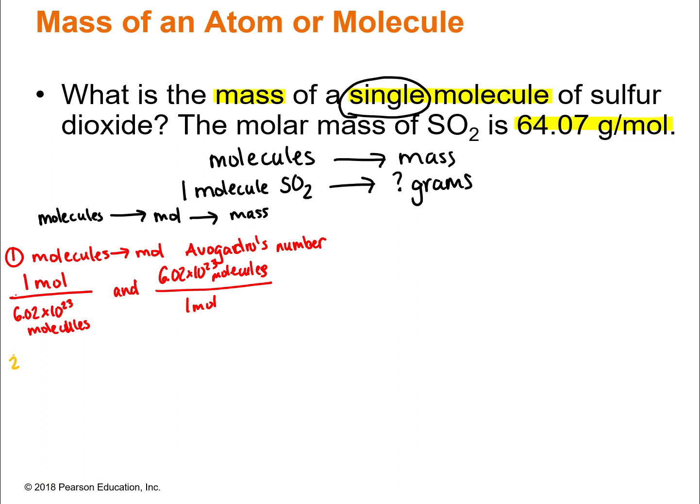For the second part of the equation, just like in the other mass, molecules to mass question, we need the molar mass. So we're going to take the moles, convert to mass, using the molar mass of sulfur dioxide, which was already given. So we don't even have to calculate it. You can just write out your unit factors.